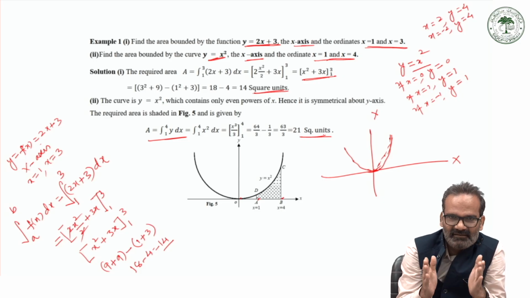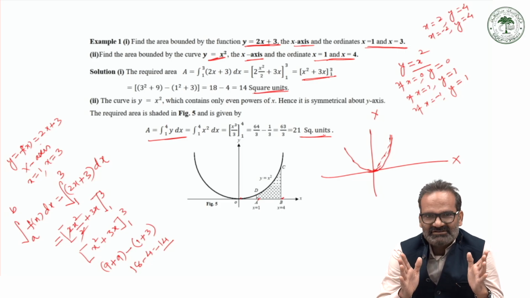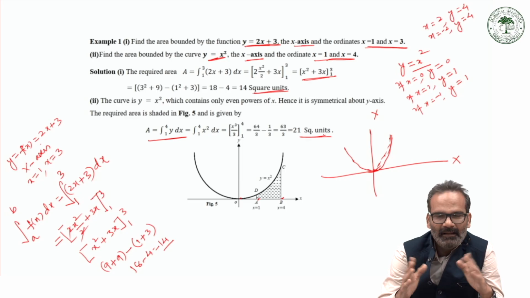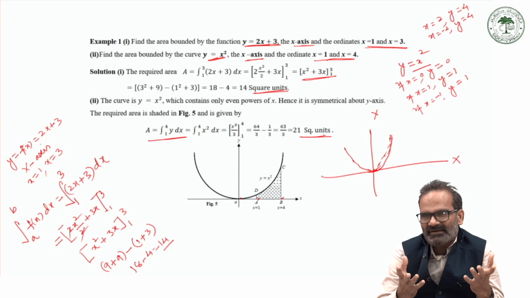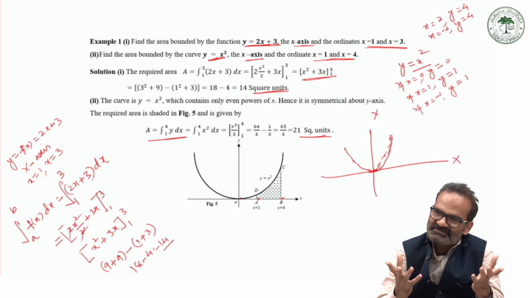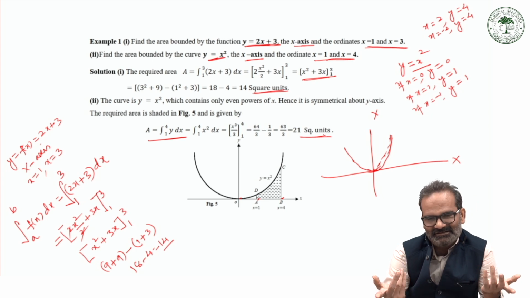This is case 1. And I have told you we can have two kinds of questions regarding the area under the curve. Case 1 is this, all the three components are given. In case 2, the examiner can remove condition 1. Ordinates may not be given. The curve must be given, the x-axis is already known.